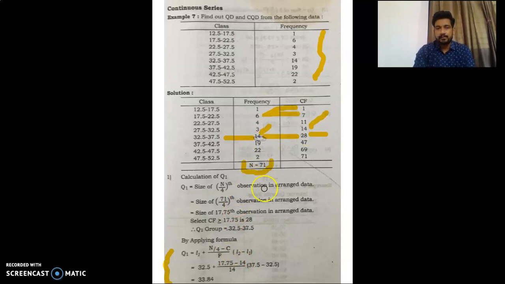So don't get confused that here also 14 and there is also 14, because the previous cumulative frequency is 14 and the original frequency of that particular group is also 14. In bracket L2, the upper limit of that group 37.5, minus the lower limit of that group 32.5. So we have placed each and every item in that formula.